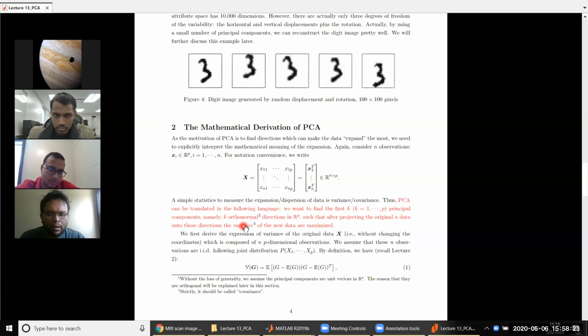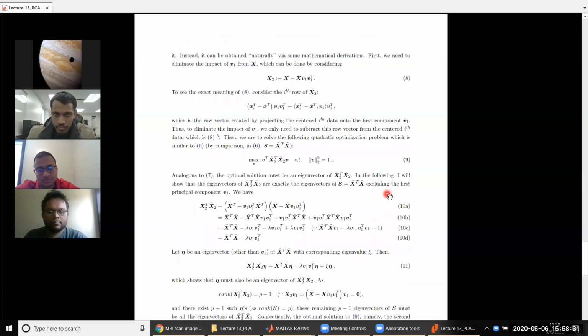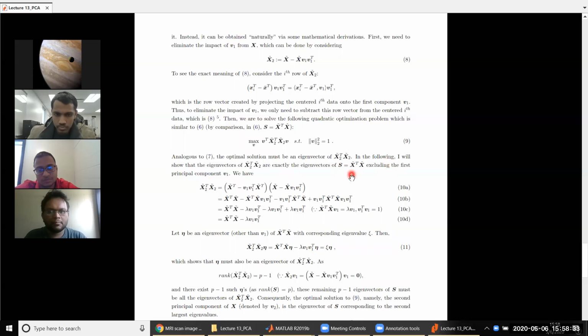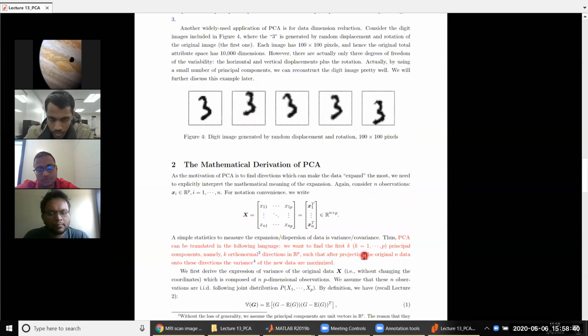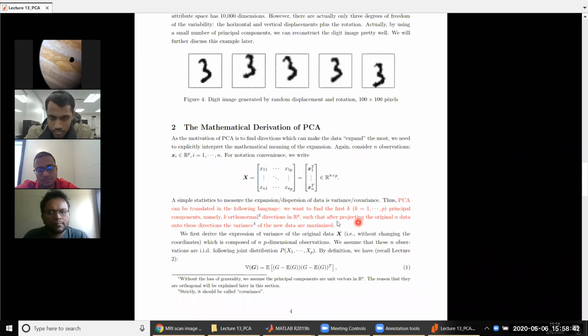Orthonormal means orthogonal plus normal, right? Why must they be orthogonal? Conventionally, people directly define it. However, here I have a proof that you don't have to define it. Even if you don't, I can prove that it must be orthogonal. Okay, so now let's show it step by step. First, when we say the variance, we want to make it clear, because here I have n observations, each with p dimensions. How do we calculate the variance?